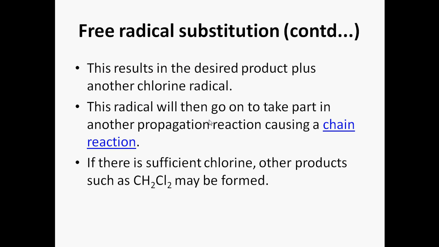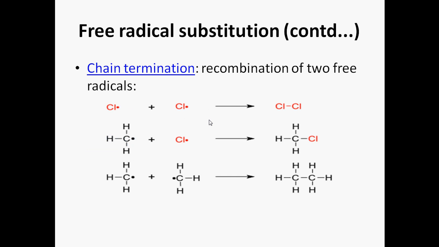And finally, chlorine radical, methyl radical, different radicals are formed. And in the chain termination step, termination means now the reaction completes, and in this step, the recombination of free radicals takes place, and it forms the final product as represented in the reaction.